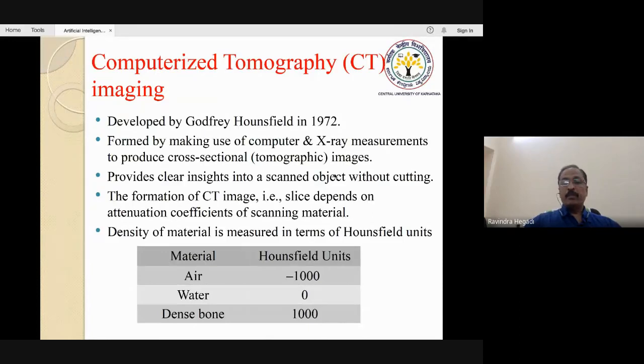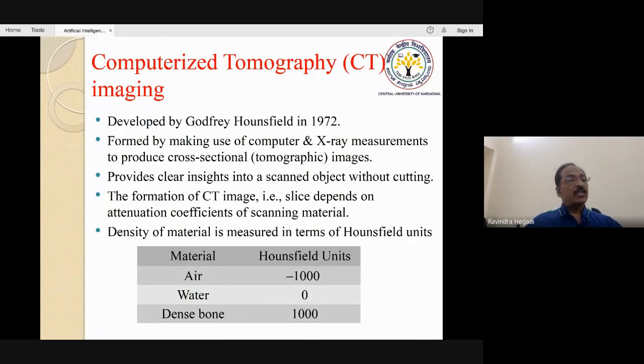Based on this we can measure the density of the material on which we are conducting the CT. Density is expressed in Hounsfield units, named after the developer of this CT technique.